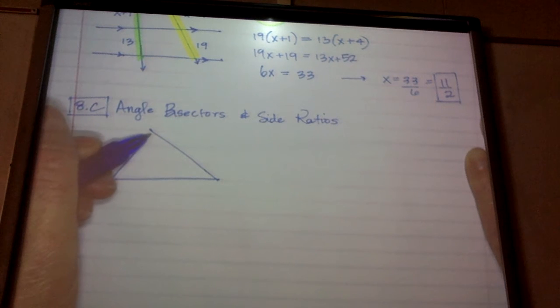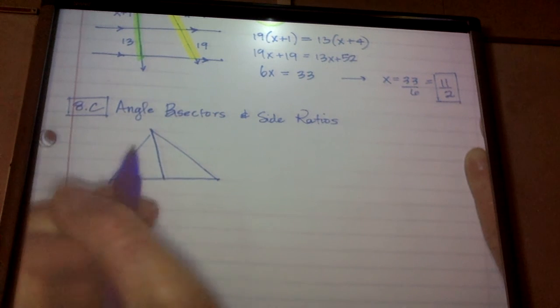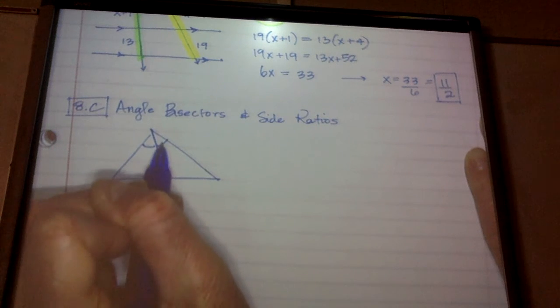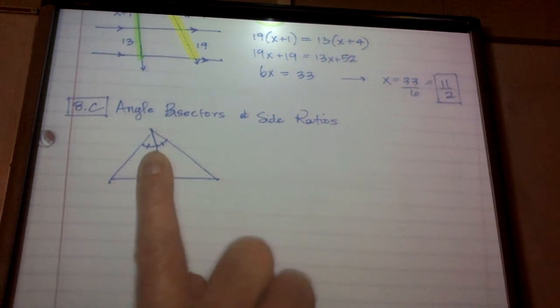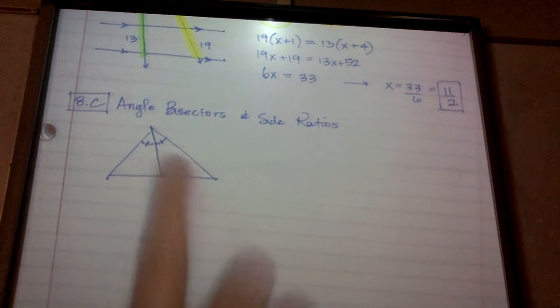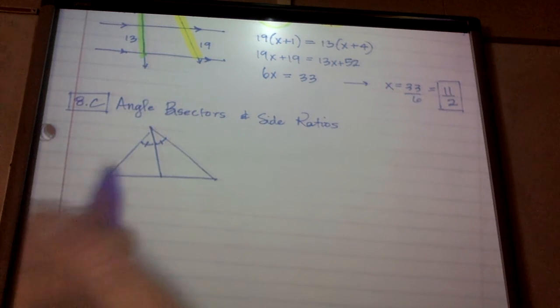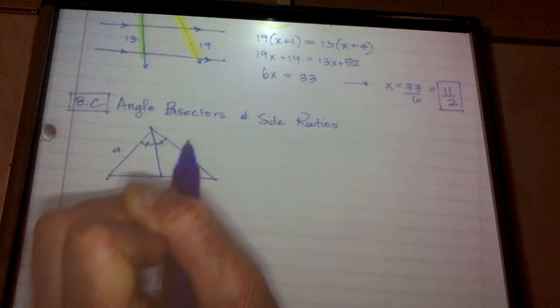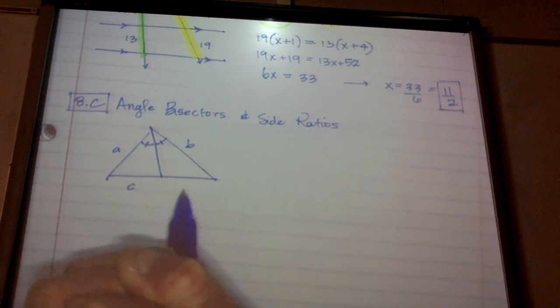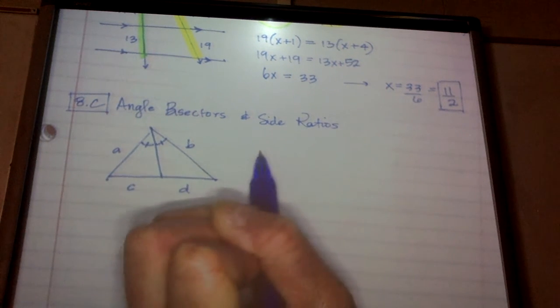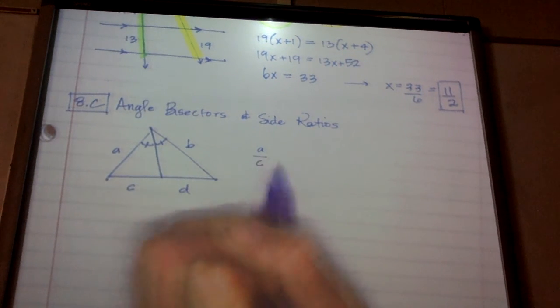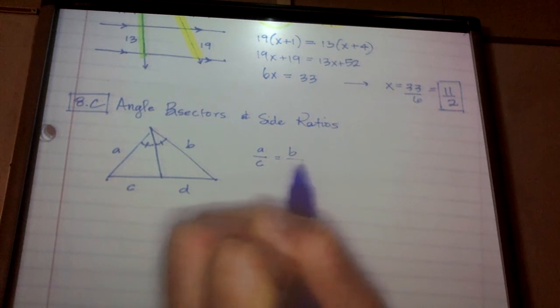If I bisect this top angle, and they will use tick marks to let you know that two angles are congruent, right? If they use the matching tick marks, then I know those angles are the same. So if these are sides A, B, C, D, then what I know is A is proportional to C, as B is proportional to D.